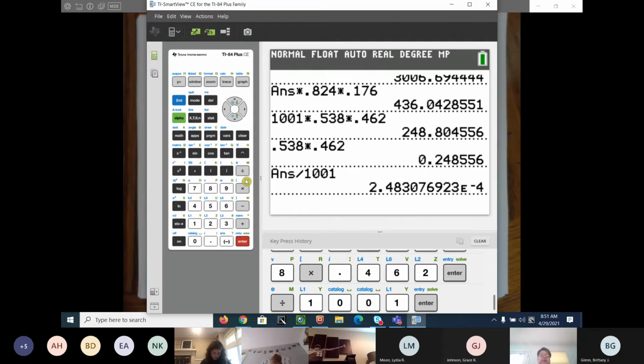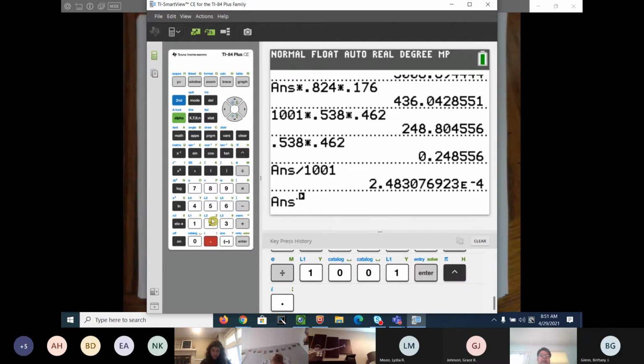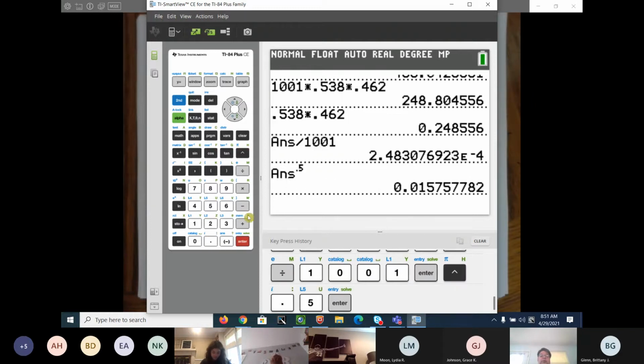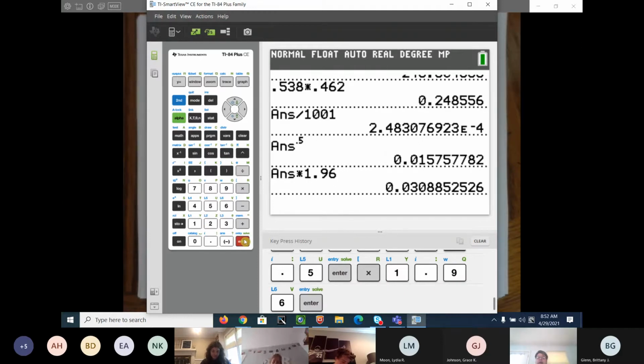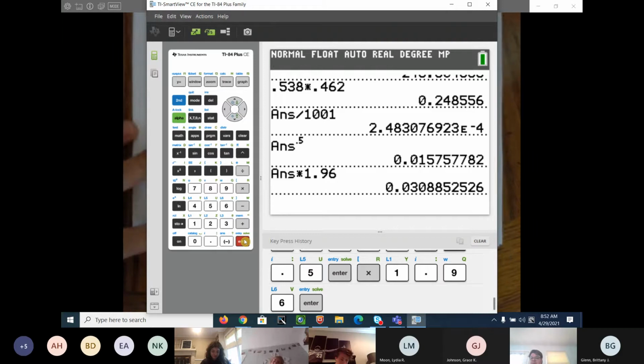And I'm going to raise that to the 0.5 power, and multiply that by 1.96. I'm going to take the 4 digits. So 0.0309, or 3.09%.